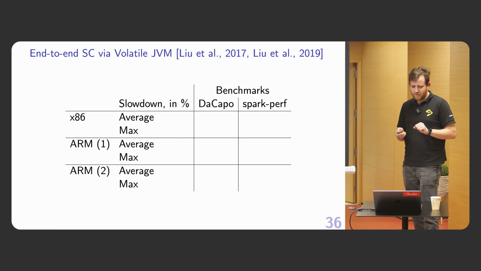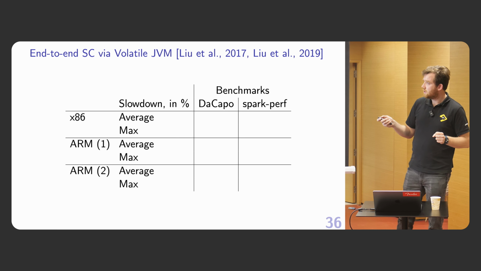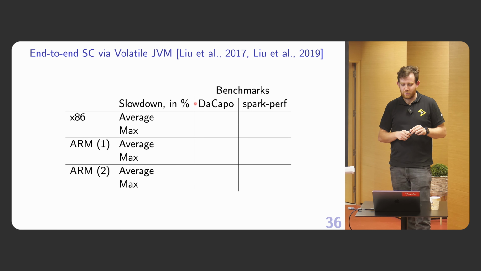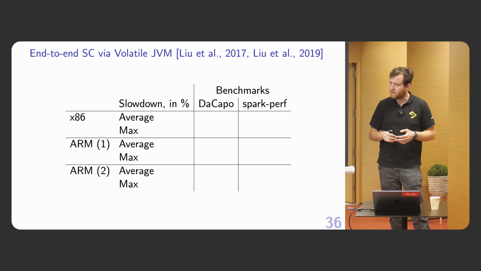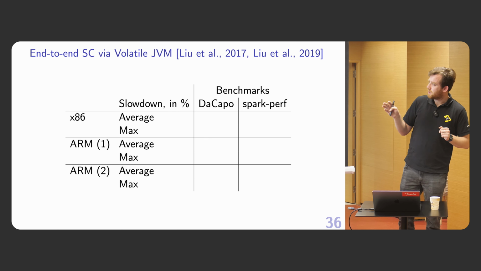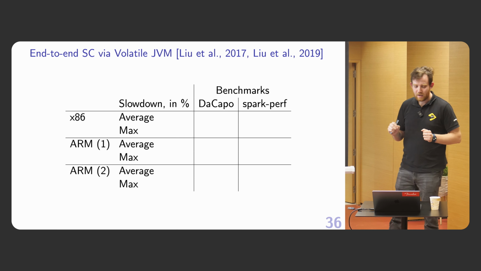And then they tested this on a couple of sets of benchmarks. They used the DaCapo benchmark, a set of big Java programs, including Jython, the Java implementation of Python, and sorry, I don't remember more, but big programs in Java.